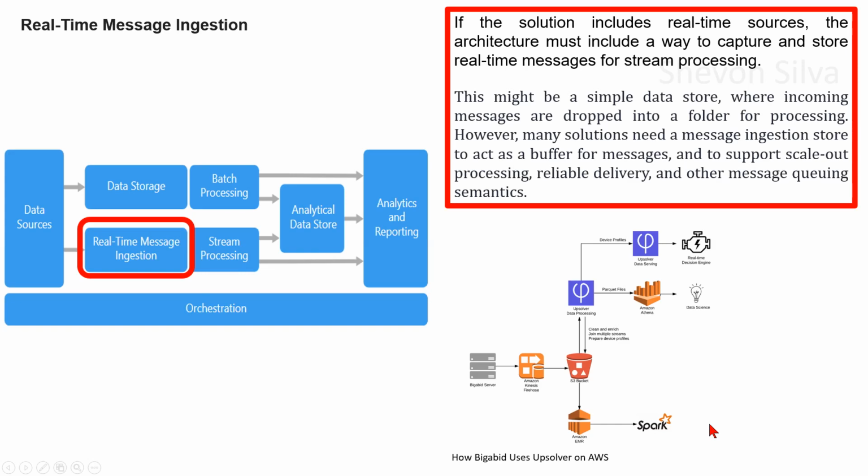Today, Gigabit uses Upsolver extensively and continues to scale its use of the platform each quarter. Upsolver integrates Gigabit's Amazon S3, Amazon Athena, Amazon Elastic MapReduce, Amazon EMR, and Amazon Kinesis Firehose footprint.